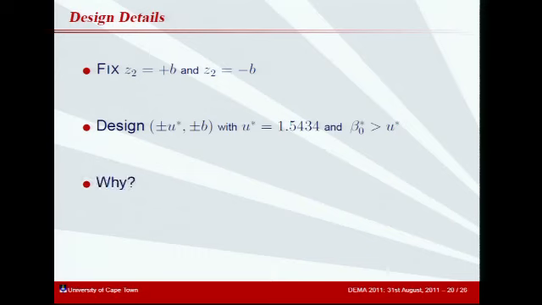We produced a nice proof, and then we realized that in fact it was obvious. If I fix, say, one of the z2s, then I'm in the univariate logit context, and so k is 1, u star is 1.543.